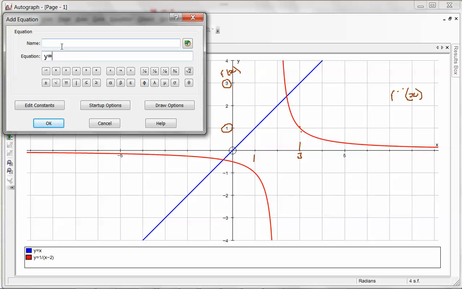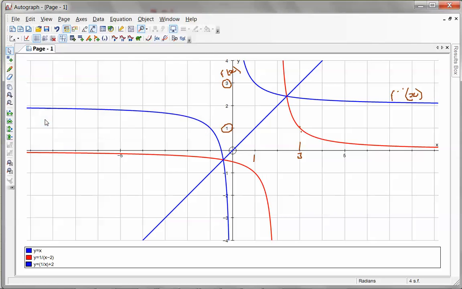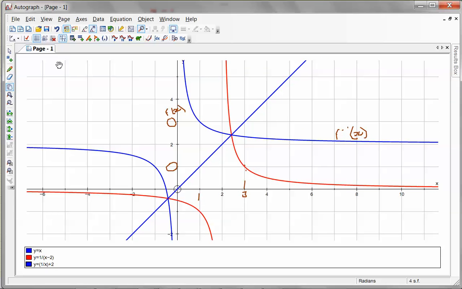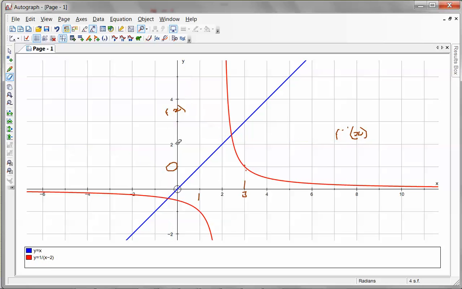I think you're right, it will be 1 over x, plus 2. That is the inverse function. Now what we're expecting to see is a reflection in y equals x. Is that what we have? Yeah. We do.